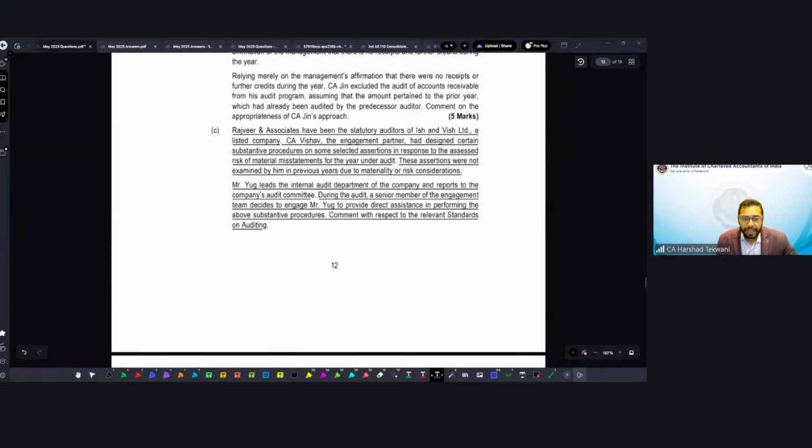Yes, absolutely correct. Very good. What else? Yes, sir. In addition to that, the auditor should get written communication and permission from the management as well as the internal auditor to use the work. We need to get the permission from the management as well. Okay, very good.